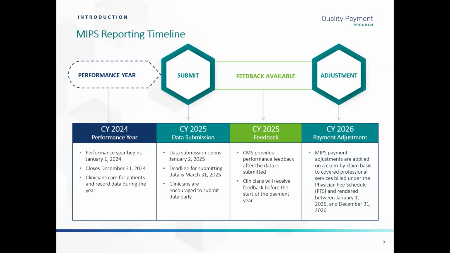In mid to late calendar year 2025, CMS will provide feedback on your performance based on the data that you submitted. And starting on January 1st, calendar year 2026, CMS will apply a MIPS payment adjustment based on your performance on a claim-by-claim basis to your covered billed services under the physician fee schedule.